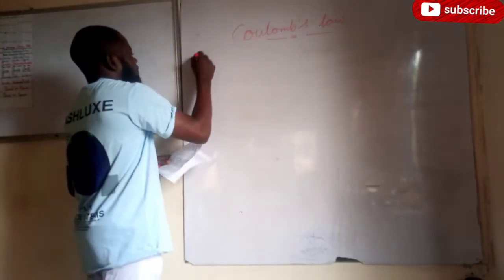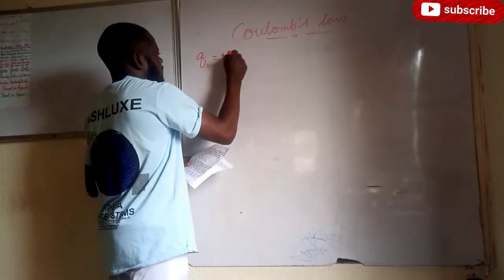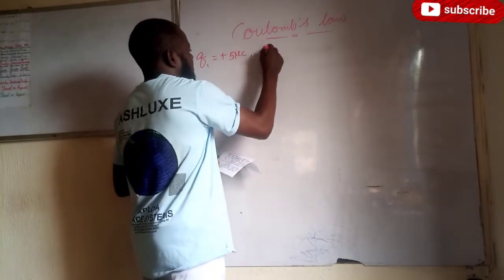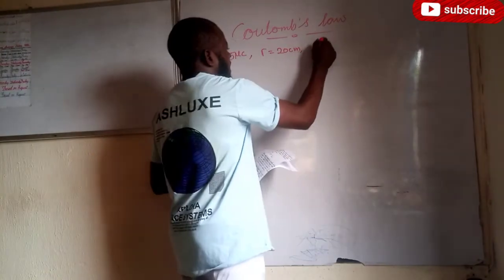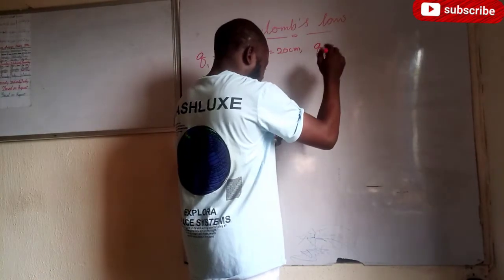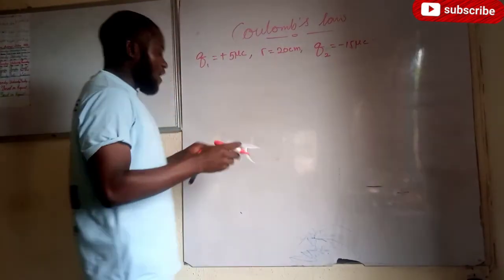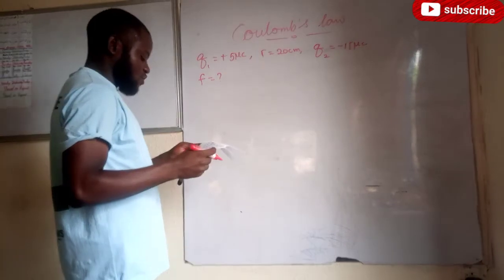So we have the first charge Q1 to be positive 5 microcoulomb, and the distance is given as 20 centimeters. And we have the second point charge to be negative 15 microcoulomb. So we are looking for the value of the electrostatic force between them.